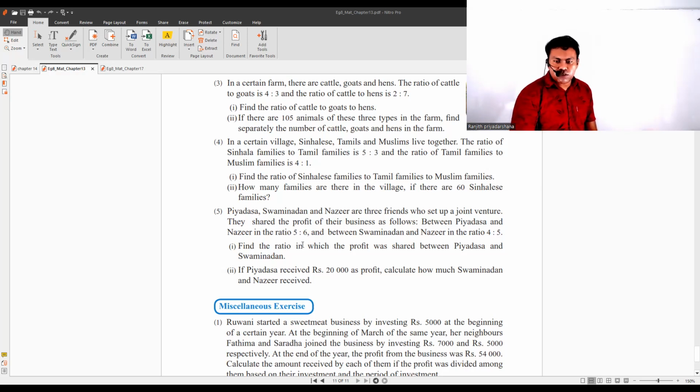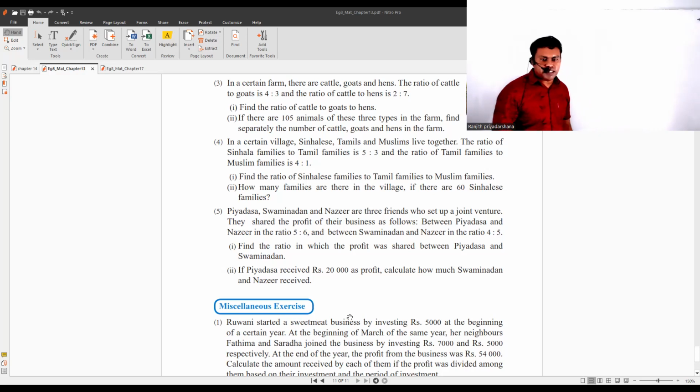And between Swaminathan and Nazir, the ratio is 4 to 5. Find the ratio in which profit was shared between Piyadasa and Swaminathan. Here, their duration has not been given. They have started their business all at once, right? If Piyadasa received 20,000 as a profit, calculate how much Swaminathan and Nazir received.